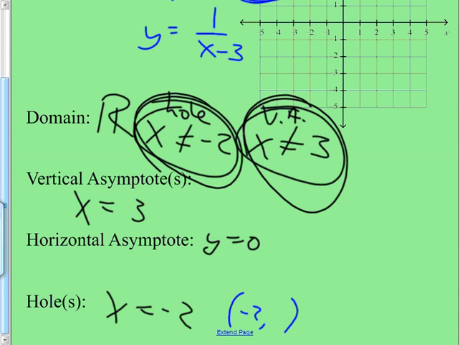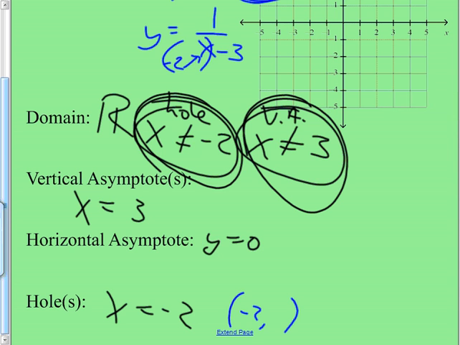Do you know? All right, pay attention. Don't know where to put the negative 2? Okay, where? There it is. You put the negative 2 in right there.